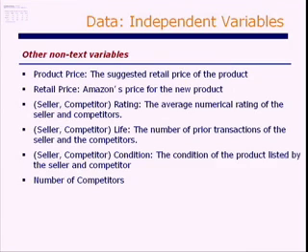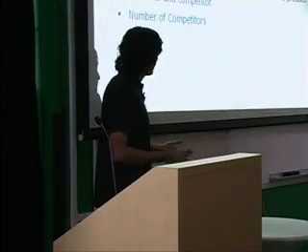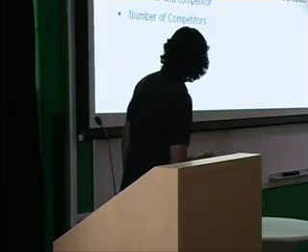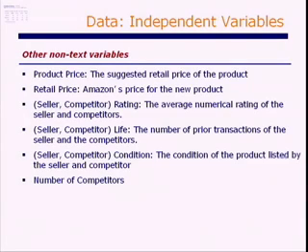Maybe there are some buyers who only care about how long the seller has been transacting, and not really about their rating, or place a higher premium on people who've been around longer, inferring that they're more reliable. So we've got that variable as well. And maybe the pricing power of a seller is affected negatively by the number of competitors. If there are only 3 people who have listed a product, maybe you're going to charge a higher price. If there are 14 people, maybe you're going to charge a lower price. So we've controlled for that as well.